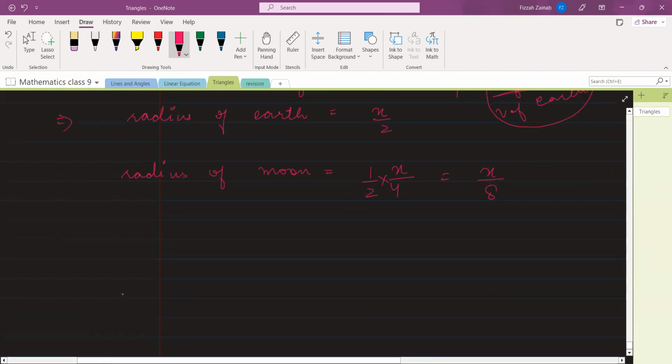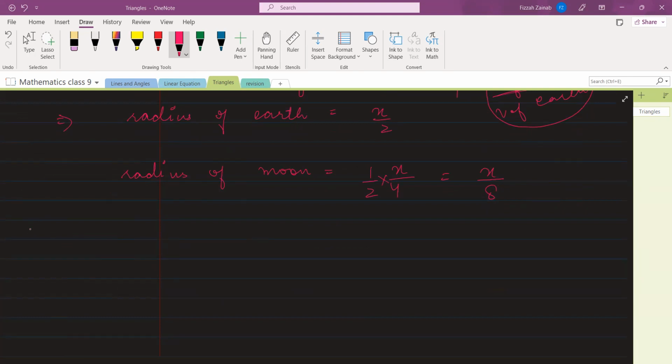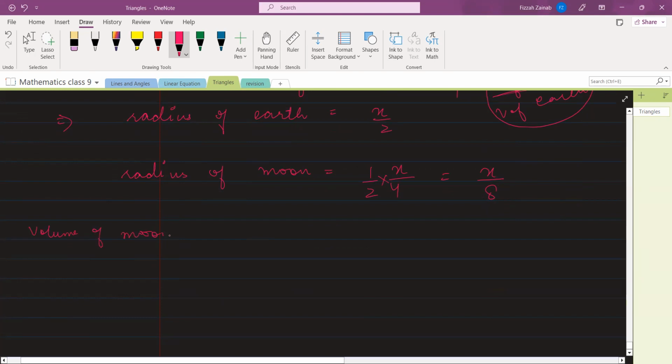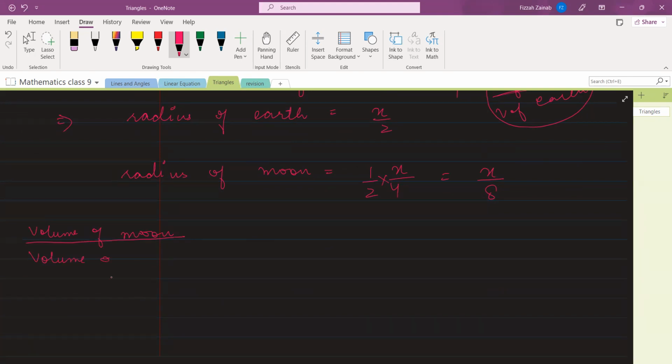So, okay, let us do it. Volume of moon divided by volume of earth. Okay, so both are spherical in shape. I mean, approximately we take them spherical. So you write 4 upon 3 pi r cube. Don't write r in both, because the radius of moon is not the same as the radius of earth.